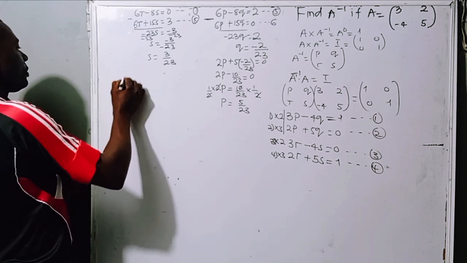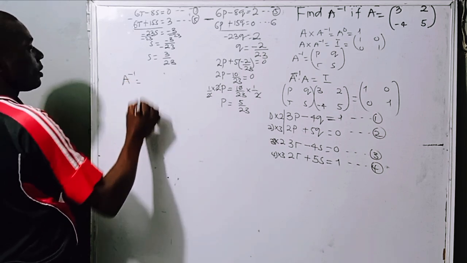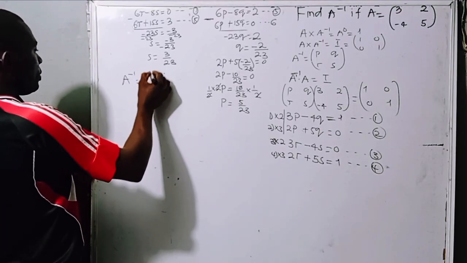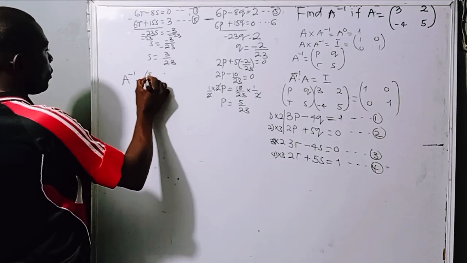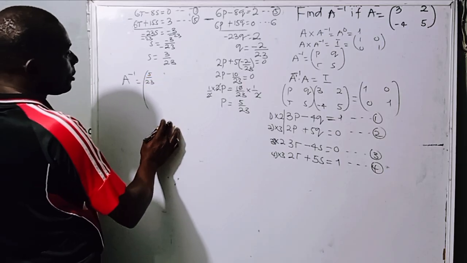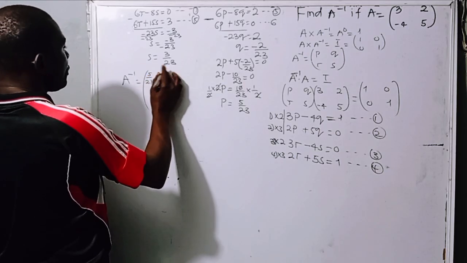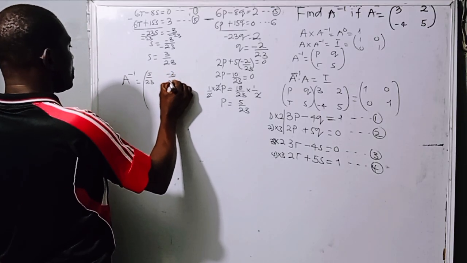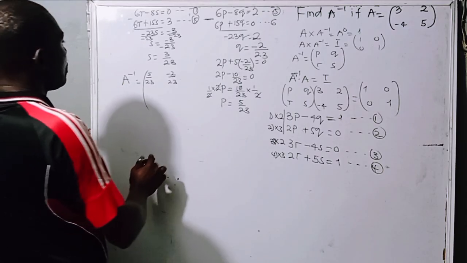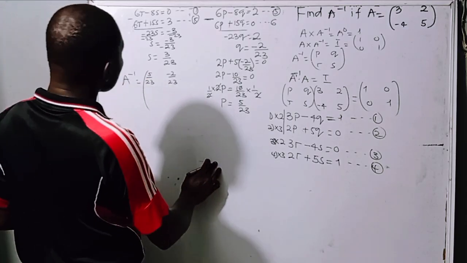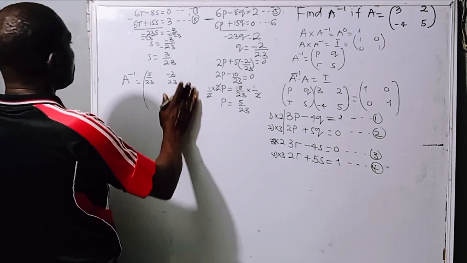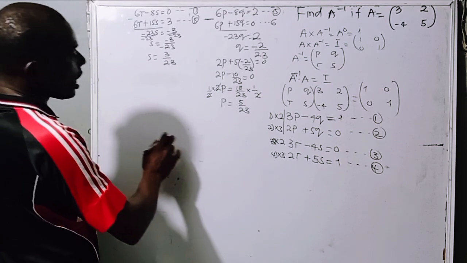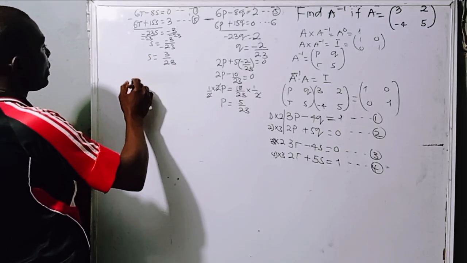So A inverse: P is 5 over 23, and Q is negative 2 over 23, and R, we've not obtained the value of r yet. So quickly, let's find the value of r, since we have obtained the value of x.